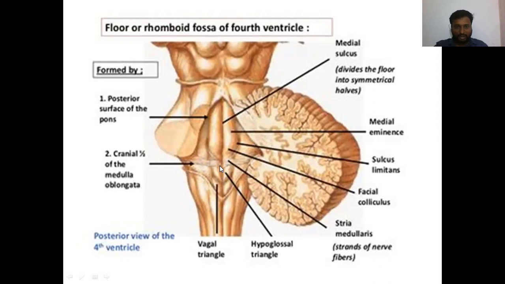Its upper part has the facial colliculus, its lower part has the hypoglossal triangle, and these two are separated by the stria medullaris.